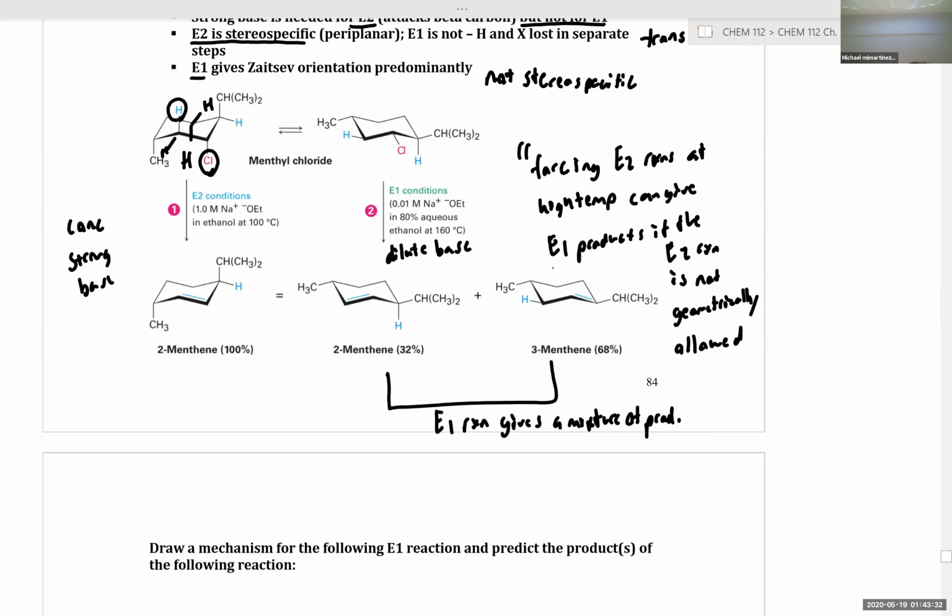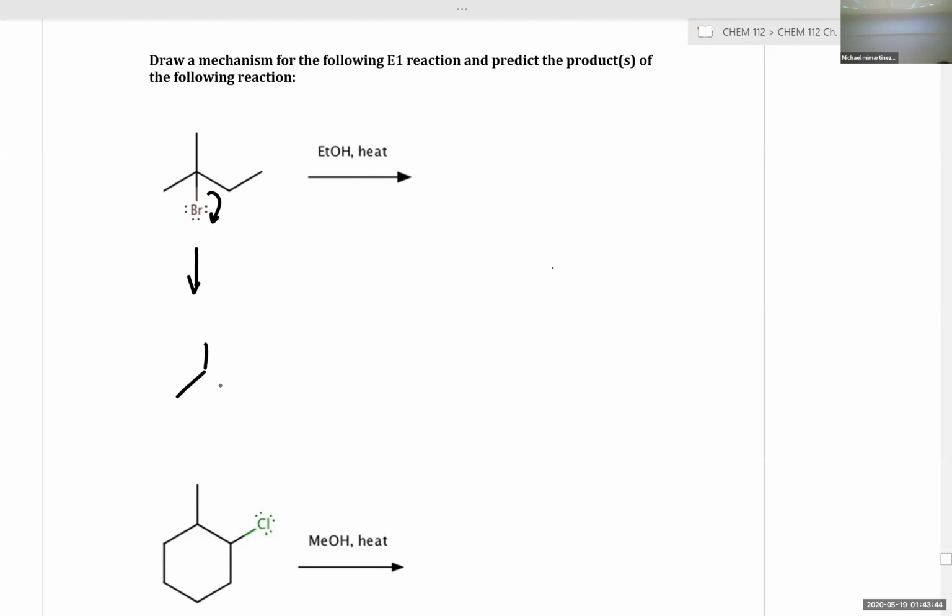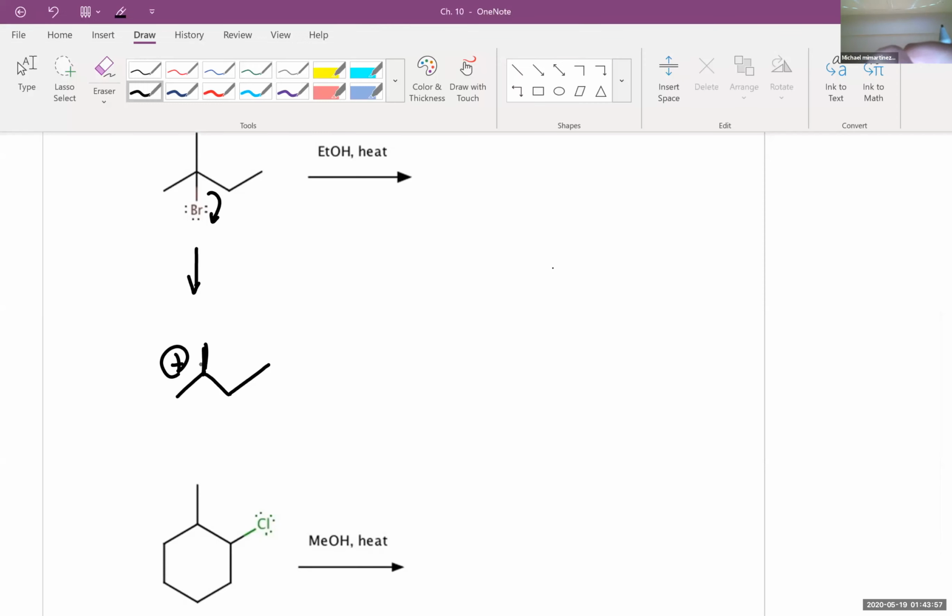So let's try to draw a mechanism for the following E1 reactions and predict the products. So first things first, step 1, our leaving group leaves and we make a carbocation. Now, thankfully, I'm not being too mean in this first problem and having us entertain the idea of carbocation rearrangements.